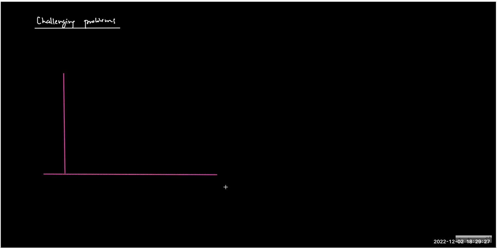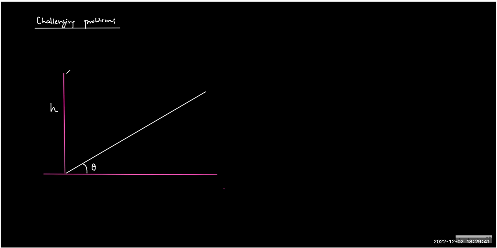So let's solve some miscellaneous problems before we end this topic. These are all challenging problems. This will test your thinking skill, how much you can think with whatever you have learned so far. Now we have an inclined plane, and this inclination is theta.